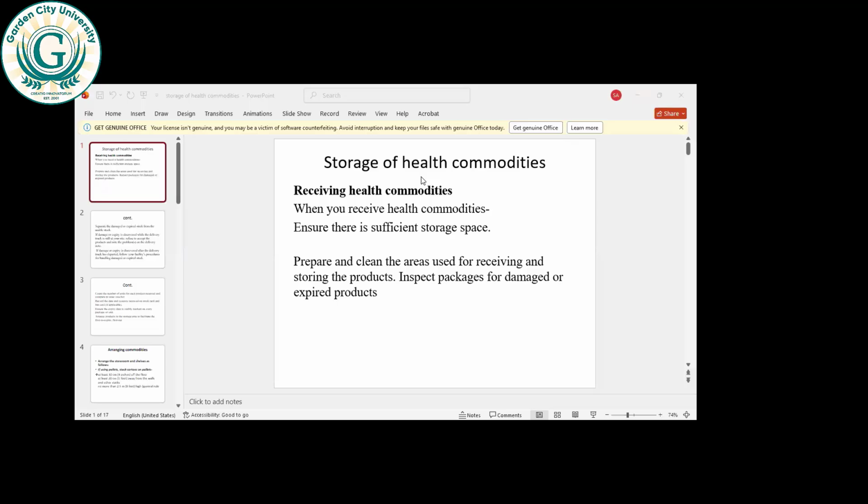There is that kind of contamination. You can't see it, so it becomes very difficult. That is why it is always important that they are handled properly.